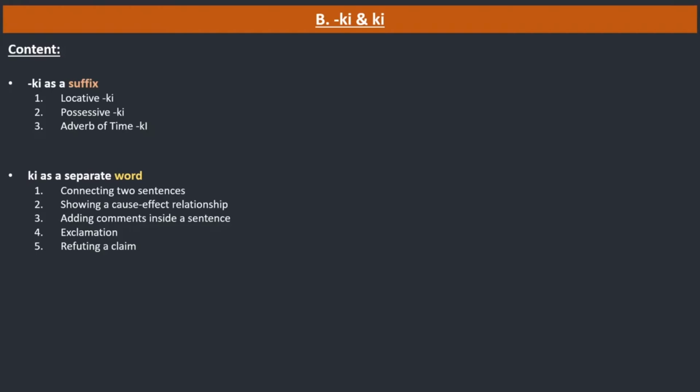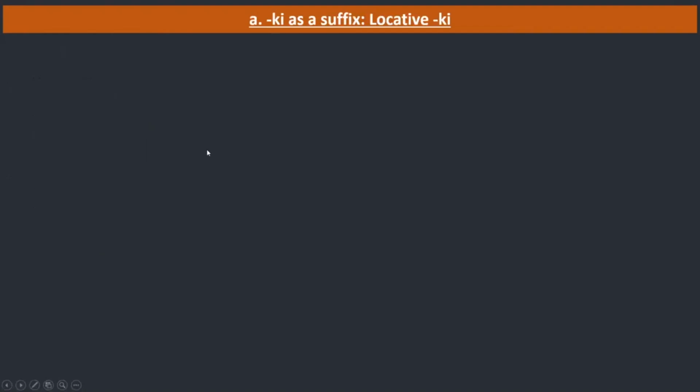It shows a cause and effect relationship. It inserts comments inside one sentence, and then it expresses an exclamation that could be either surprise, excitement, frustration, and then it refutes a claim. Some of you maybe know this, some of you don't, but we will learn that part next week. This week we will start with the suffix and the locative meaning.